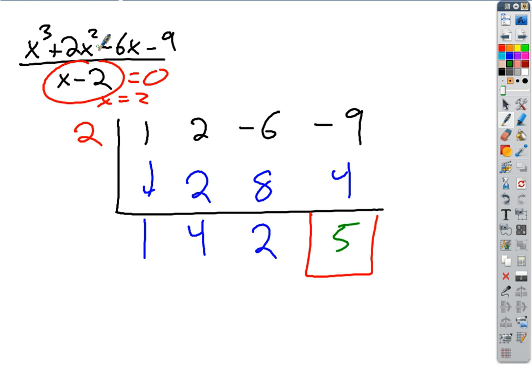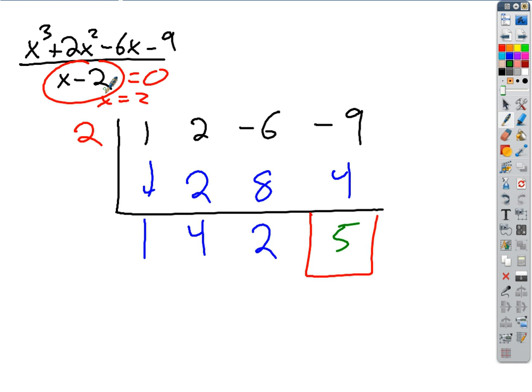We were just substituting that in for x to find out what the polynomial equaled, right? And it equals 5. Now, that's strange that there'd be this coincidental, well, it's not really coincidental, it turns out, but the value of the polynomial at x equals 2 is the same as the remainder if we divide the polynomial by x minus 2. That's what we call the remainder theorem in Algebra 2, but that's it.